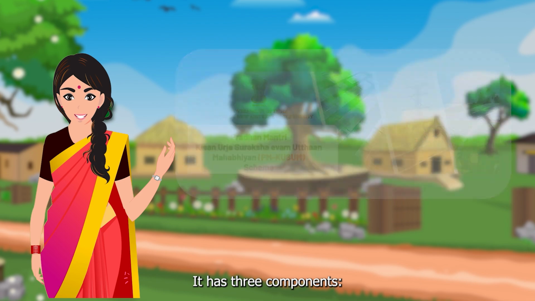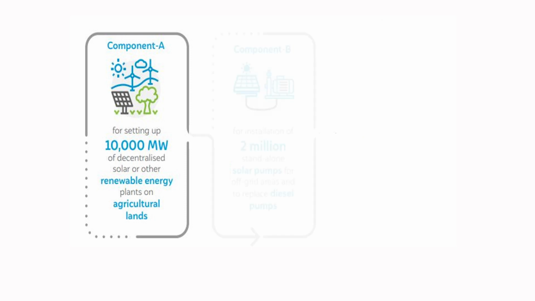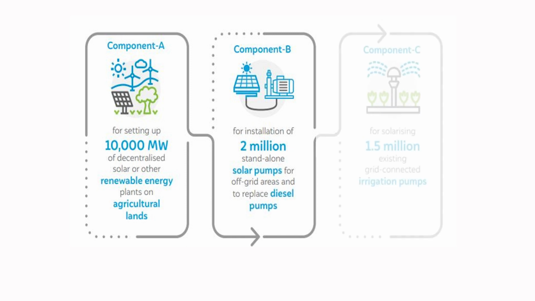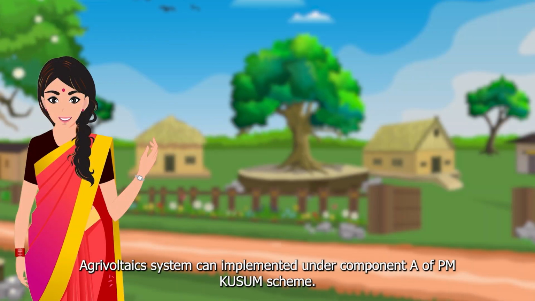It has 3 components. Component A is for setting up 10 gigawatt decentralized renewable energy plants on agricultural land. Component B is for installation of solar pumps. Component C is for solarizing grid-connected irrigation pumps. Agrivoltaic systems can be implemented under Component A of the PM Kusum scheme.